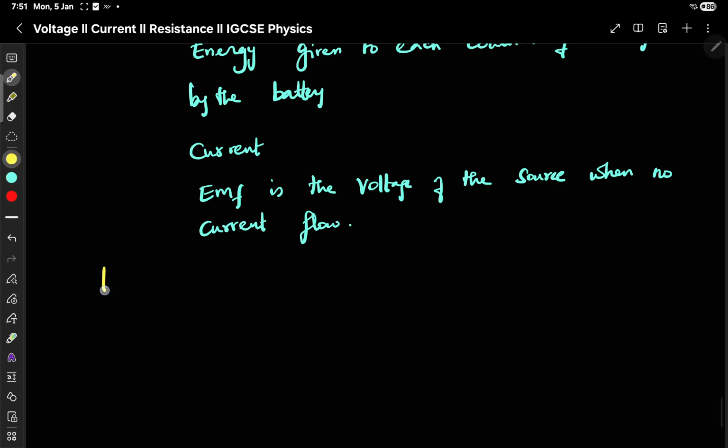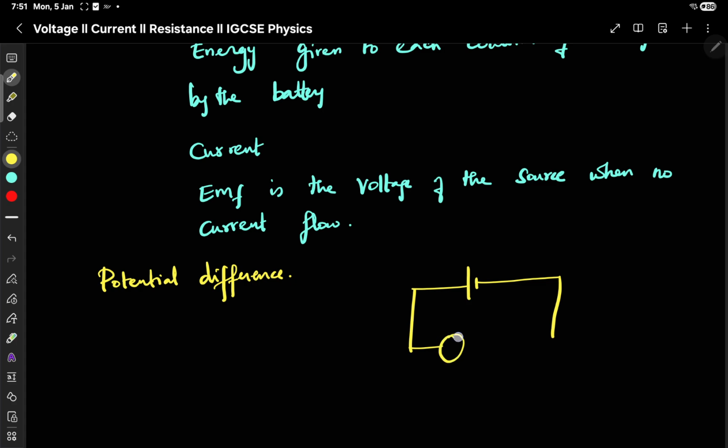Potential difference is the difference between the potential across 2 points. For example, if I have a circuit with a lamp and a resistor, and this voltage, let's say it is 9 volt, so this is my EMF, and the potential difference would be the voltage drop here and the voltage drop here.